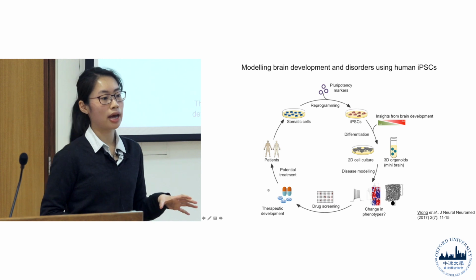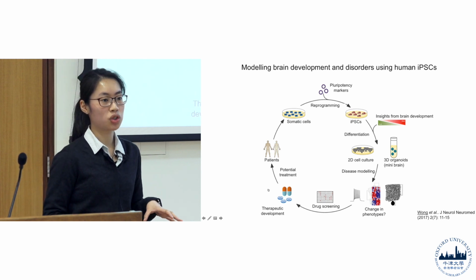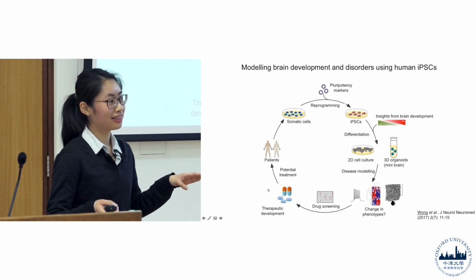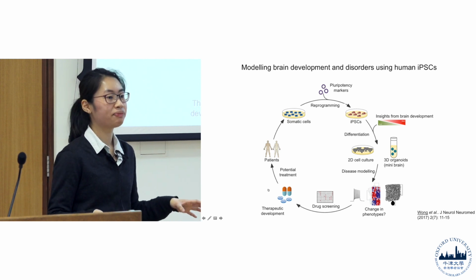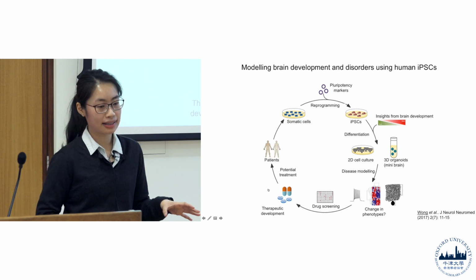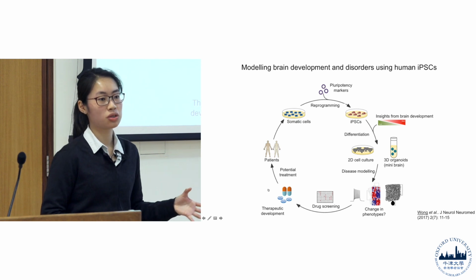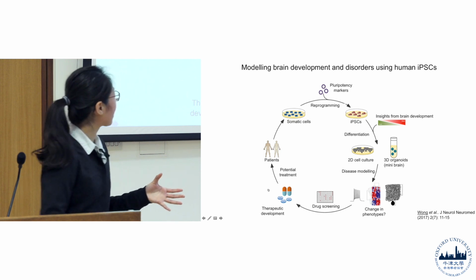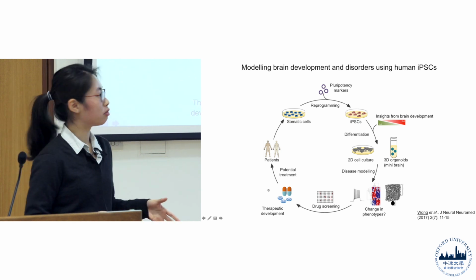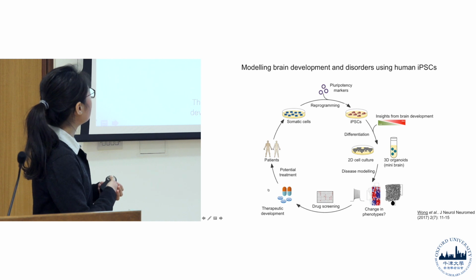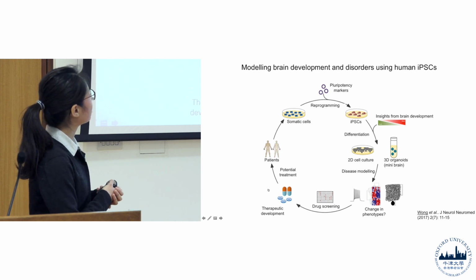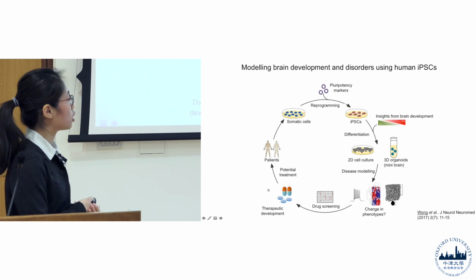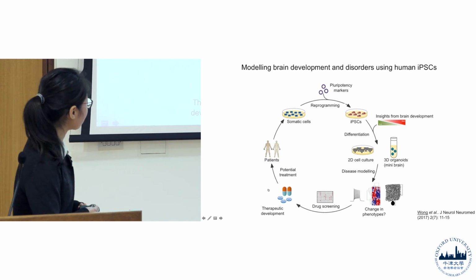When patients go to clinicians, they are diagnosed with the disease, and they will get the genetic test to know which gene went wrong. Then we get the sample from them, program them into stem cells, and differentiate them into neurons in 2D culture or into mini brains.